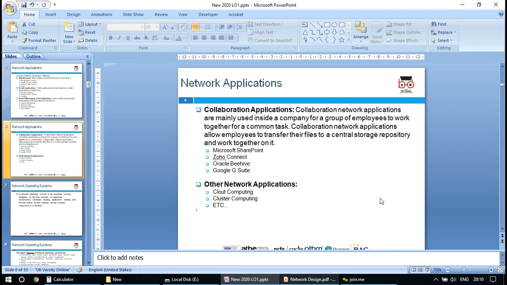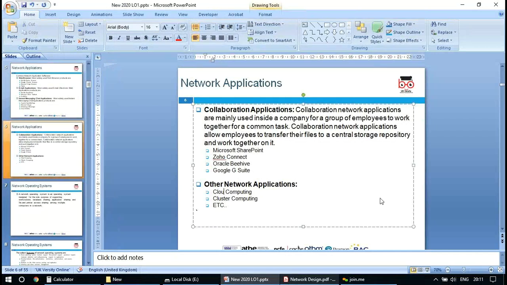When you use such kind of applications for sharing purposes, they would be called collaboration applications.